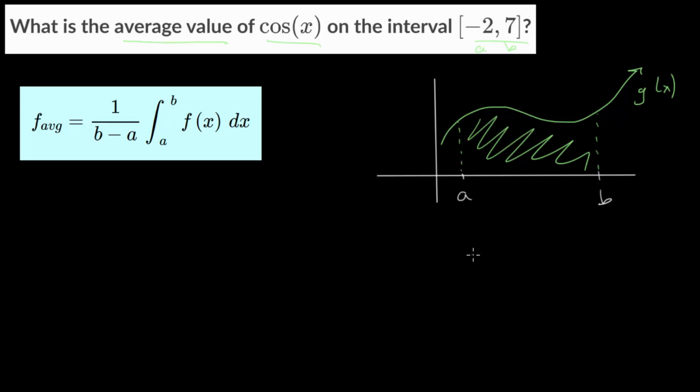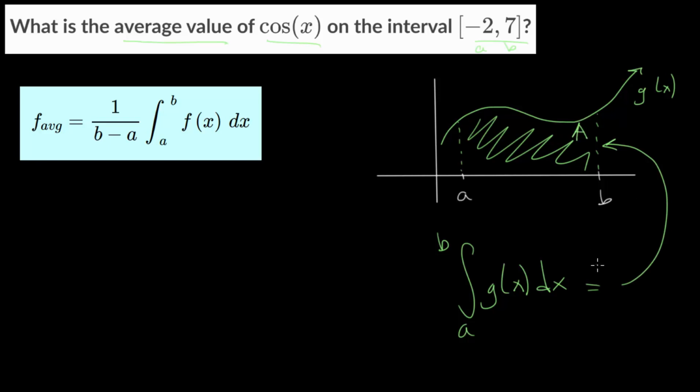So the integral from a to b of g of x dx is the area under the curve. We can call that A if we want. And once we understand that the integral of this function between a and b just gives us the area underneath the curve on this interval, we can draw some conclusions.